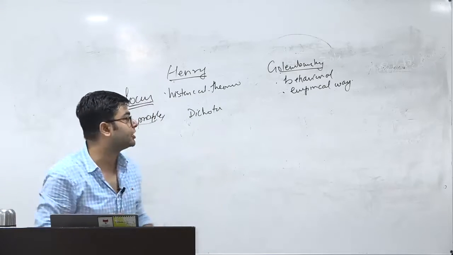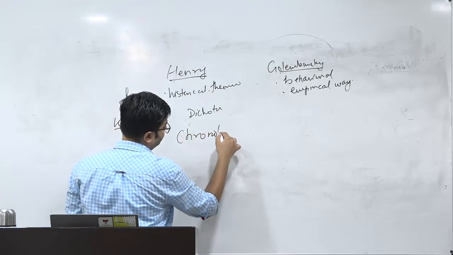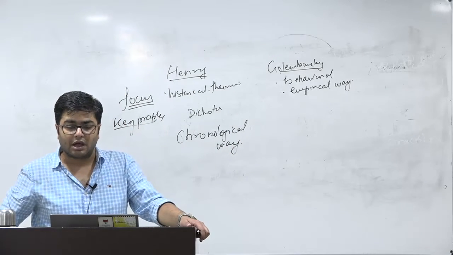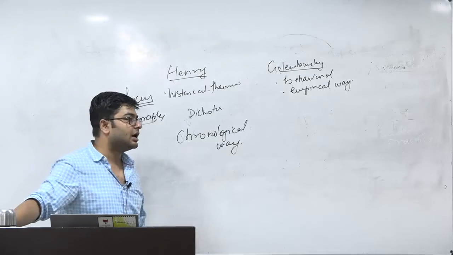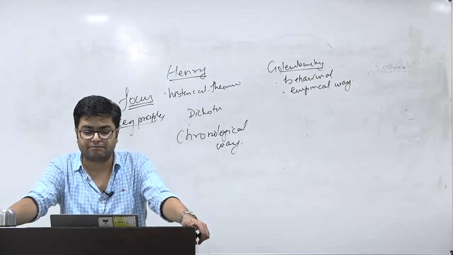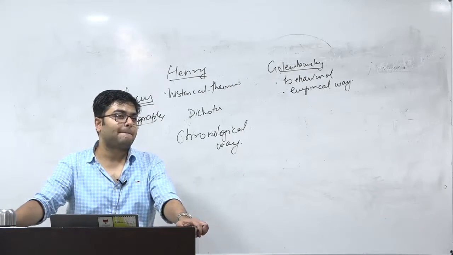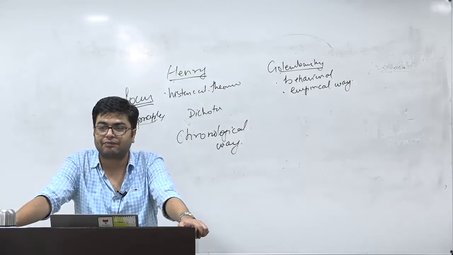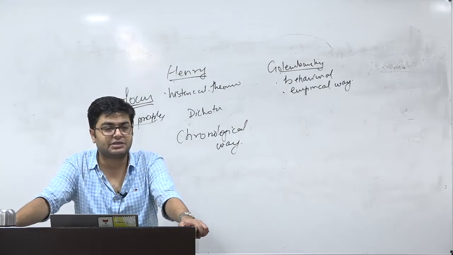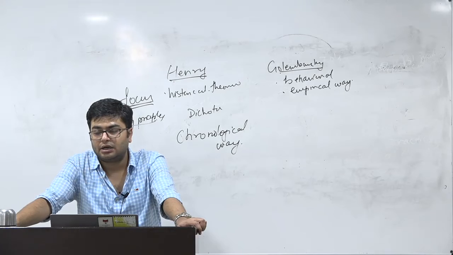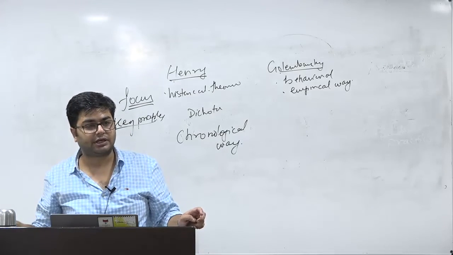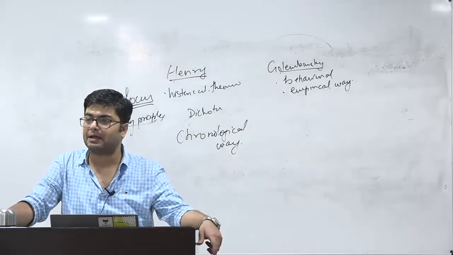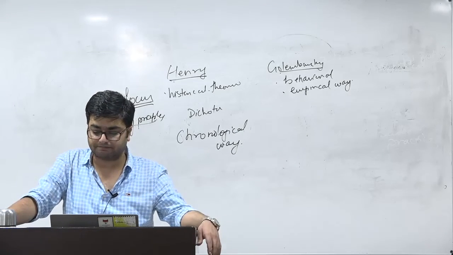Henry follows a chronological way, whereas Golembowski follows an evidence-based practical way. Key ideas of Henry include efficiency, effectiveness, integration of management and political science, and the distinct identity of public administration.